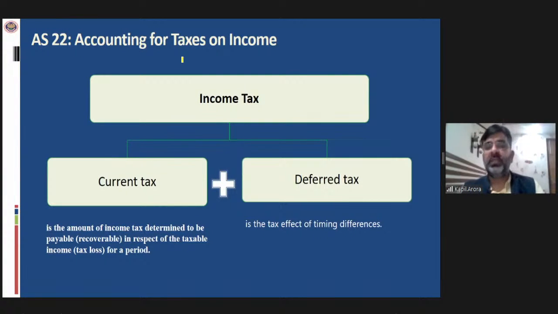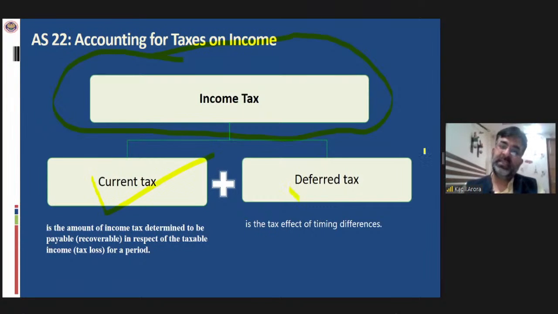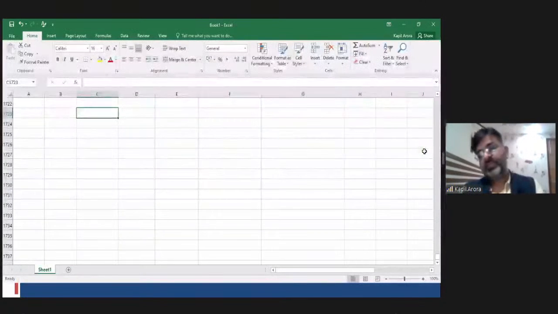The next topic which we want to talk about is income taxes. A complex topic, but we will try to see what exactly is the meaning of income taxes in the books. What is the meaning of current tax and deferred tax? Does anyone know the meaning of current tax and deferred tax?